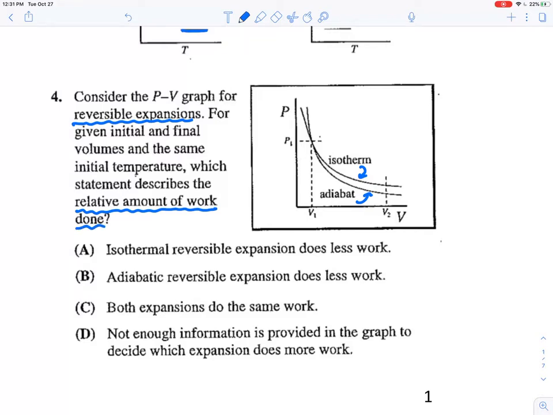This is a little bit ambiguous, but what they're trying to say is relative work magnitude. And we're talking about reversible.